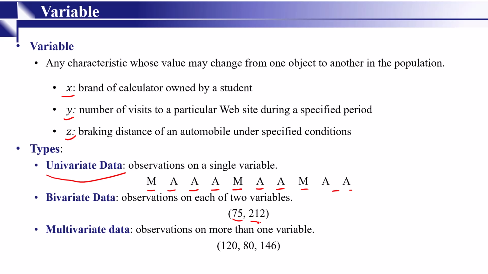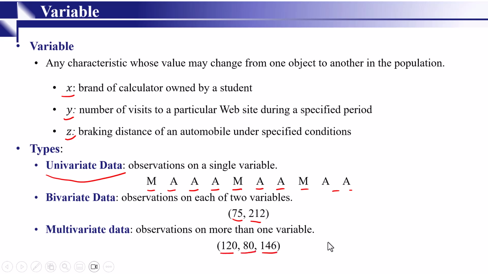So bivariate is a special case of multivariate. For example, a research physician might determine systolic blood pressure, diastolic blood pressure, and serum cholesterol level for each patient. So you can see the first one, second one, and third one.